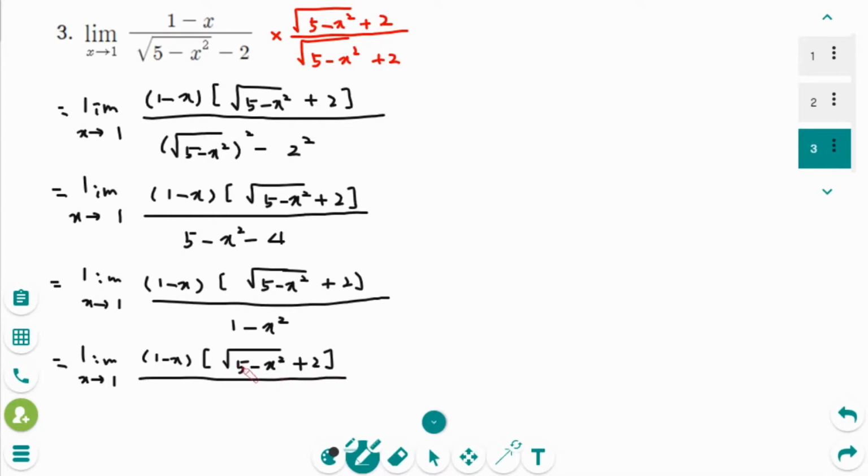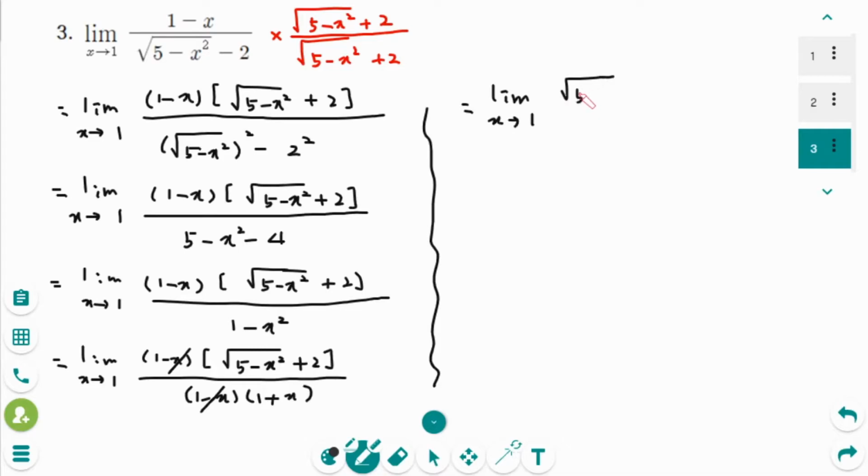Then we can factor the denominator. It is a difference of squares. So 1 minus x squared forms 1 minus x, 1 plus x. And then cancel the common factor. Square root of 5 minus x squared plus 2 over 1 plus x.